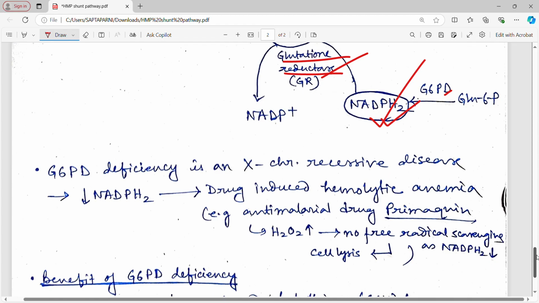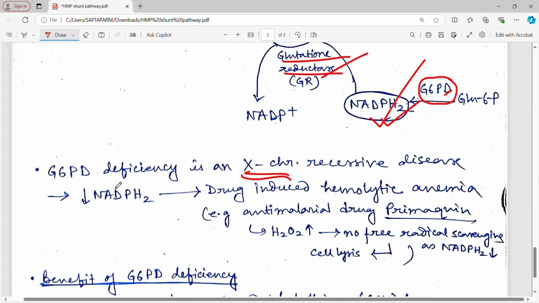Now see, this G6PD enzyme, which helps in the formation of NADPH2 through the HMP shunt pathway, is located on our X chromosome, and if there is any recessive mutation in that particular gene of G6PD, then we may lose the function of G6PD enzyme activity.